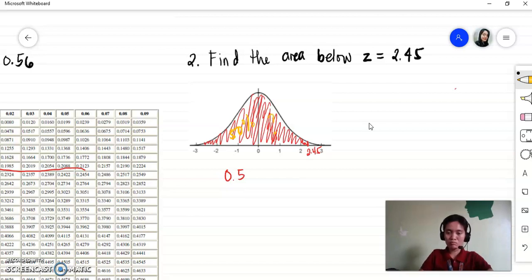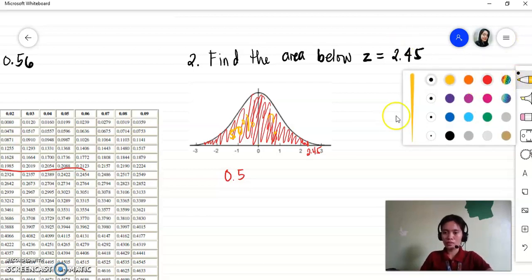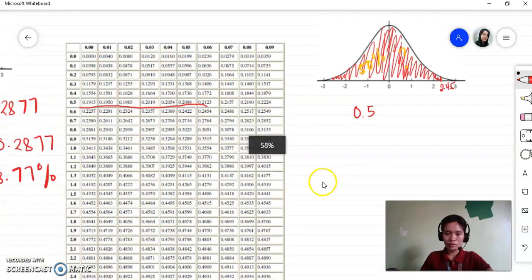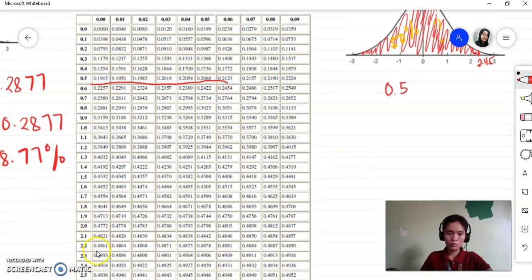Let's solve that first. Using the z table, you need to look for 2.45. So 2.4 first, the first two digits, you have it here.